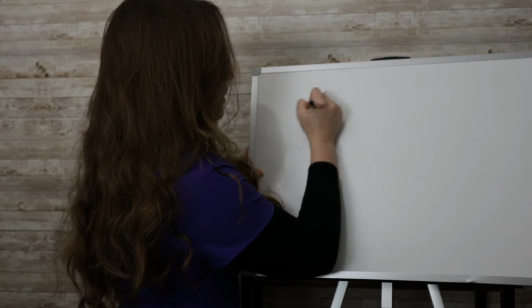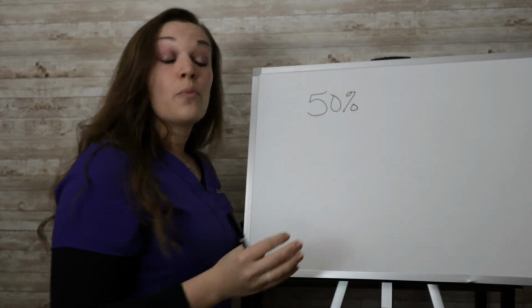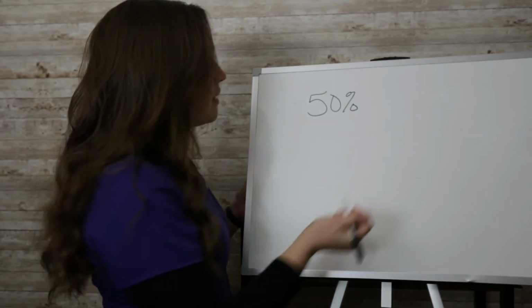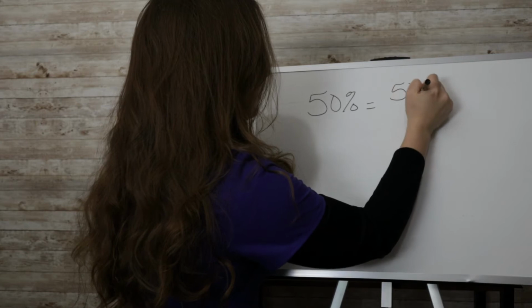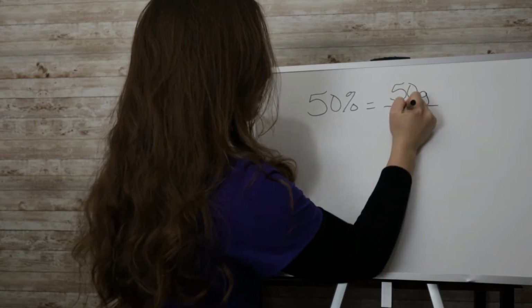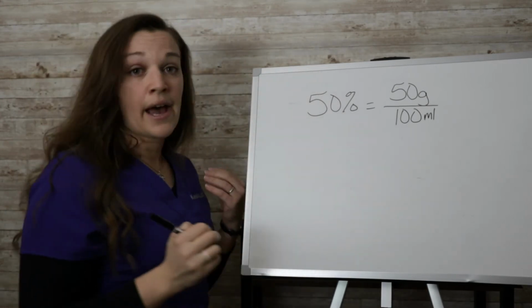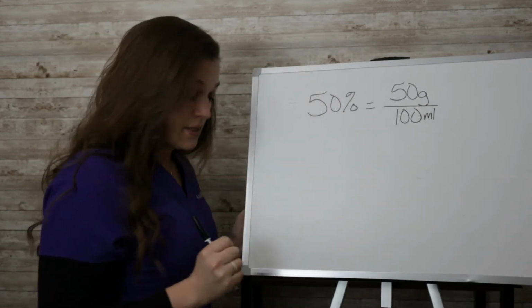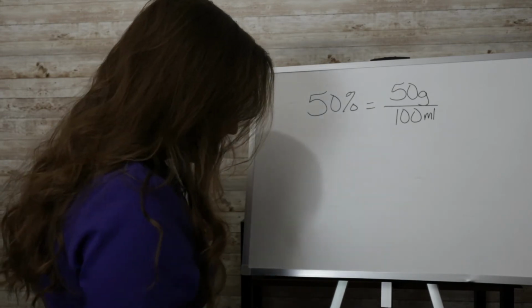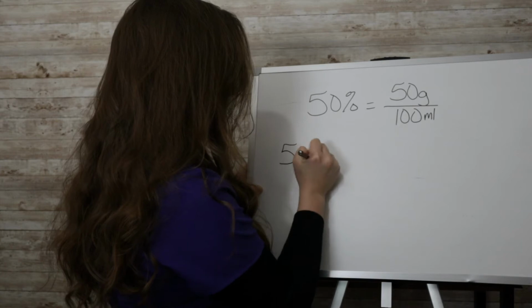So we're going to do 50%. Based on what we just learned, this would be 50 grams per 100 mils of solution is how we would look at that. Let's break this one down into mgs per mil to keep this nice and easy. We're going to start with our 50 grams.